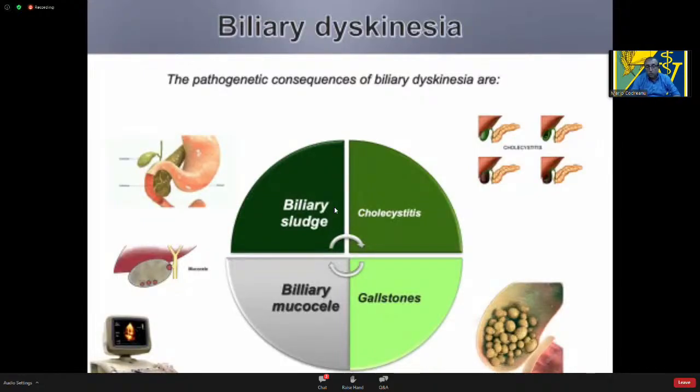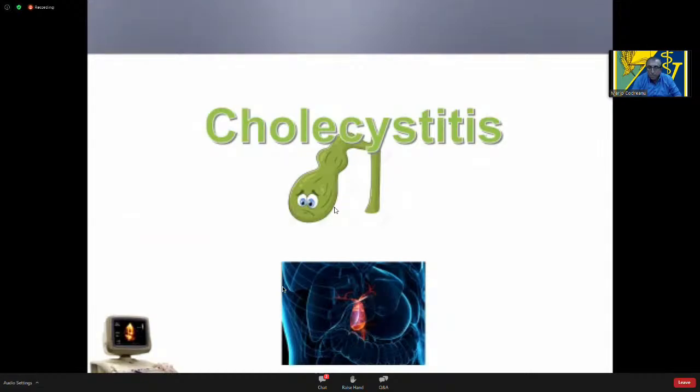And also can be followed by the presence and developing of gallstones, and last but not least, with the biliary mucocele.